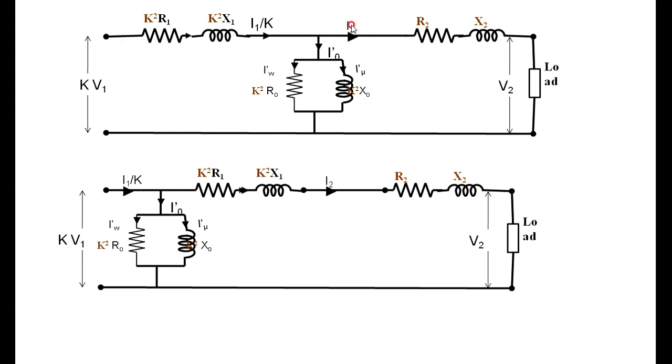Therefore, the total current I am getting, through K square R1 and K square times X1, now becomes I2 because you are transferring this to this side. Here now the current is I1 by K. The voltage is K times V1. It is K square times R1, K square times X1. Then this is shifted here. Then R2 and X2 are as they are. The load is as it is, the same.